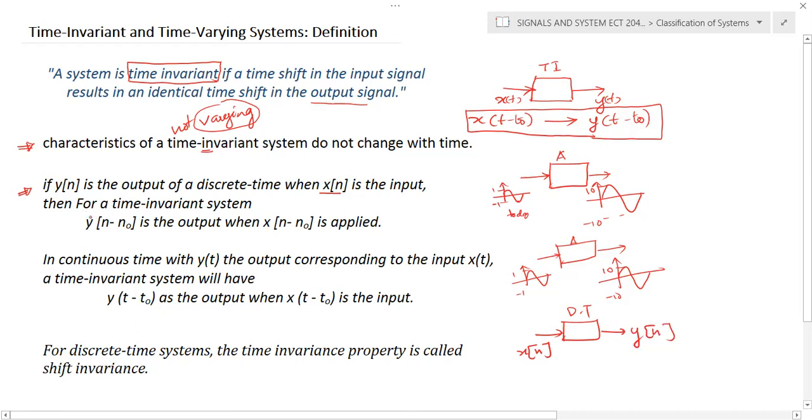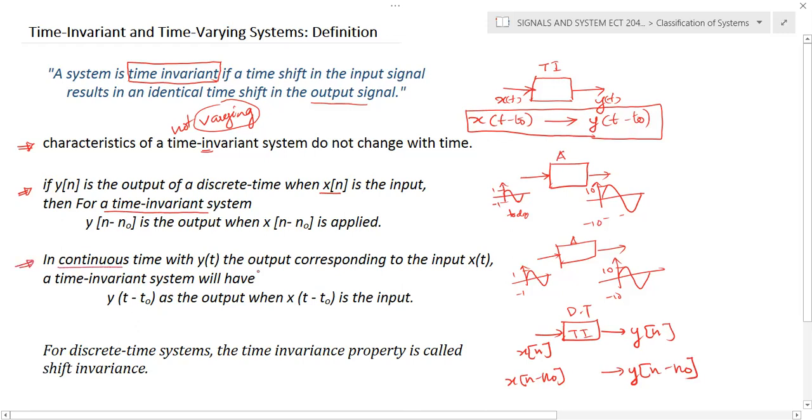And if that particular system is a time invariant system, then for the input x of n minus n0, this time invariant system will produce an output y of n minus n0. The same concept is valid for a continuous time system also.